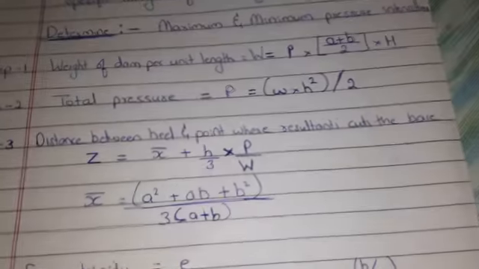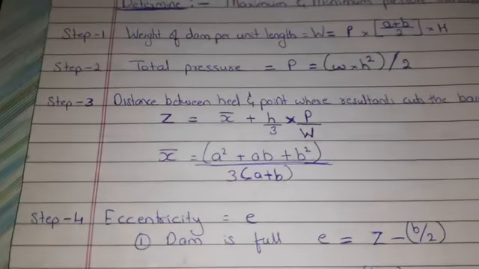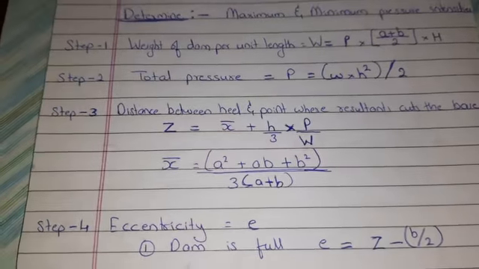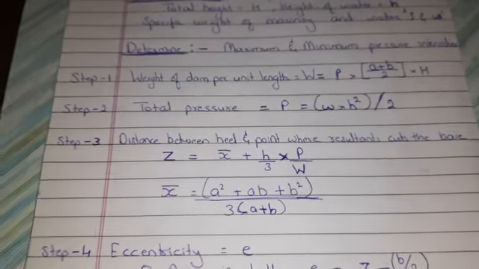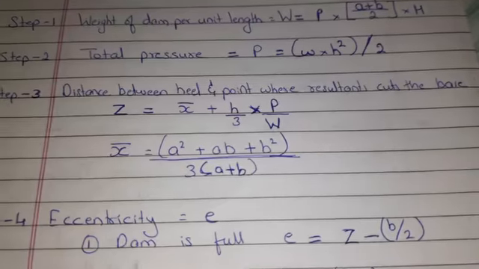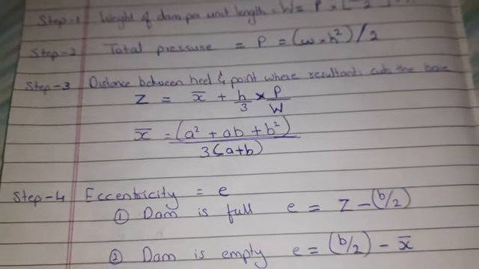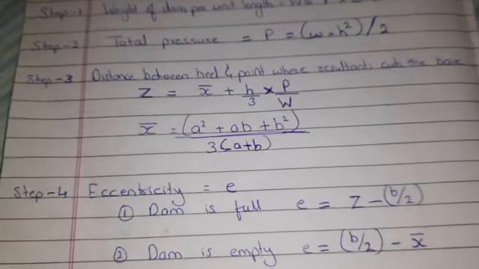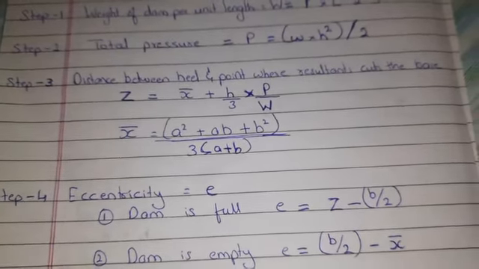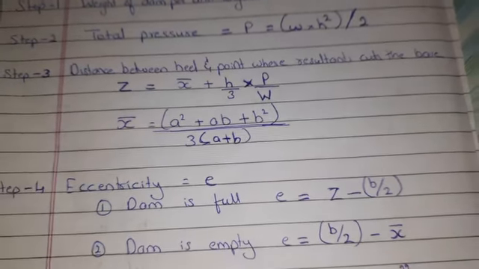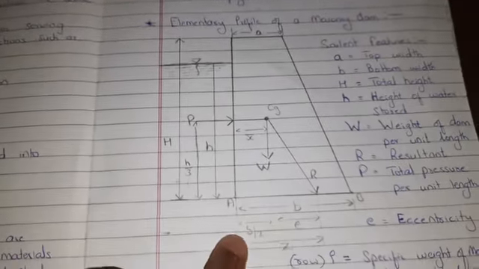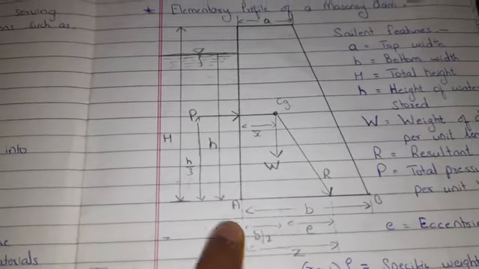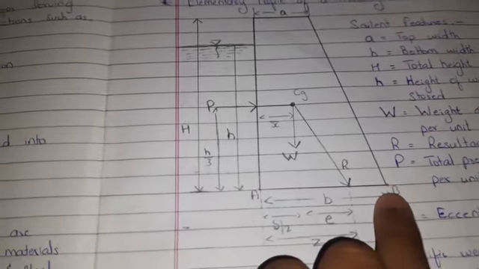Next, coming over to the third step, it is the distance between heel and the point where the resultant cuts the base. Earlier, in the topic of the elementary profile of the dam, we studied that point A is called the heel of the dam and point B is called the toe of the dam.